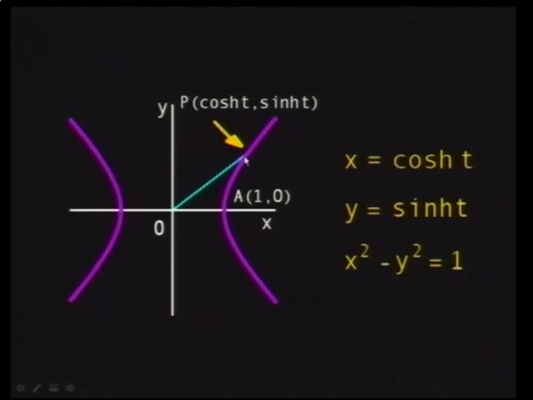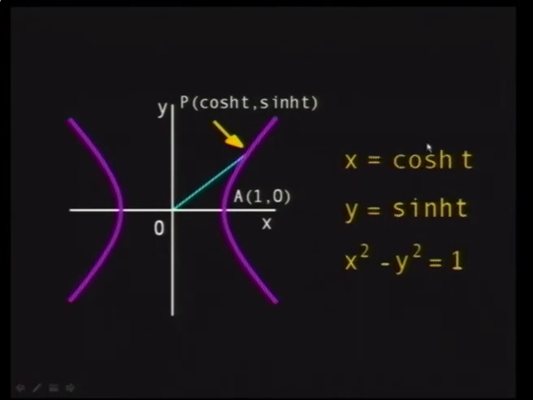And if you take any point, then instead of sine and cosine, you represent it by cosine hyperbolic and sine hyperbolic. Why? Because we said before, from the identities of the hyperbolic functions, that cosine hyperbolic squared minus sine hyperbolic squared is equal to 1. And therefore, instead of representing the hyperbola in this form, you can represent it in the parametric form, and any point will take the ordered pair cosine hyperbolic and sine hyperbolic.